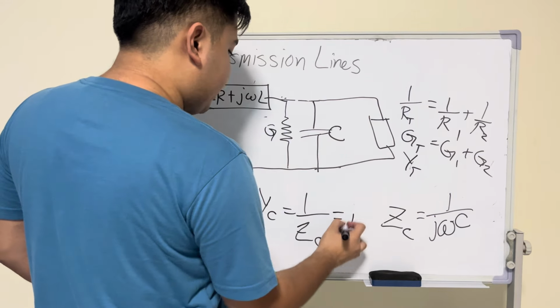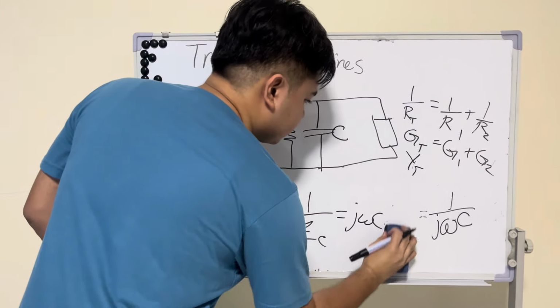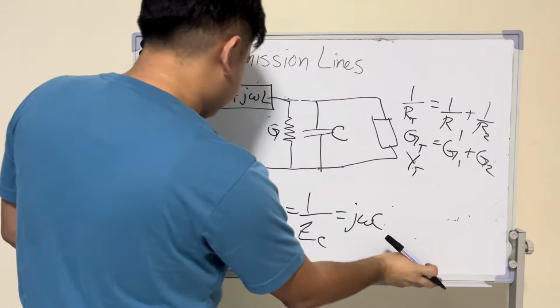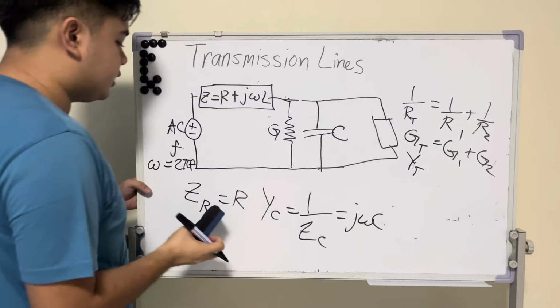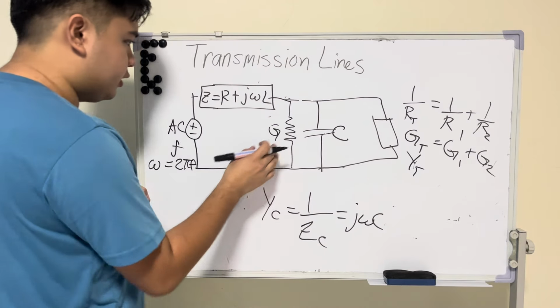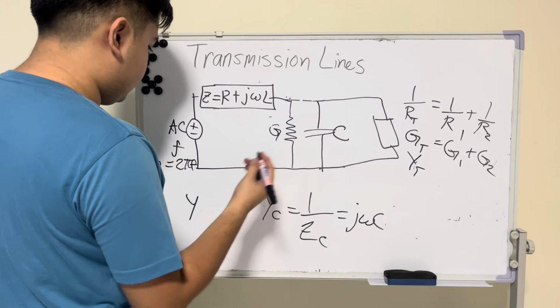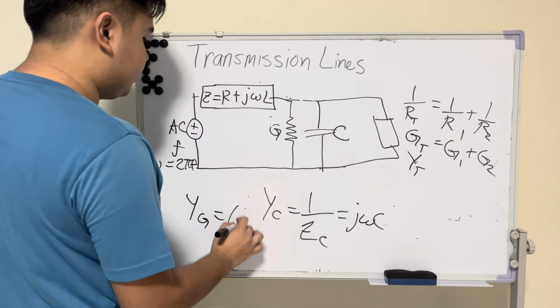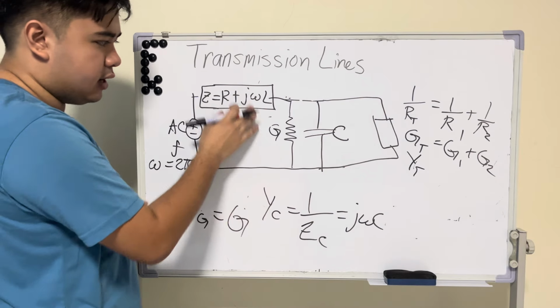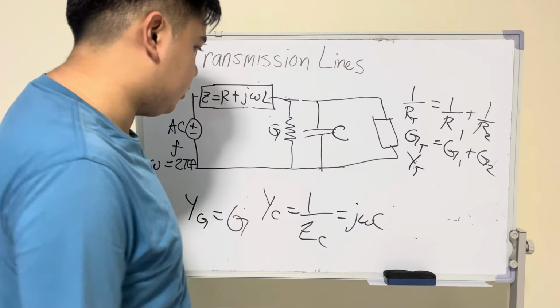So this is just j omega C. And the admittance of the resistor here is just the conductance, Y equals G. Again, the conductance is not affected by the frequency whatsoever.